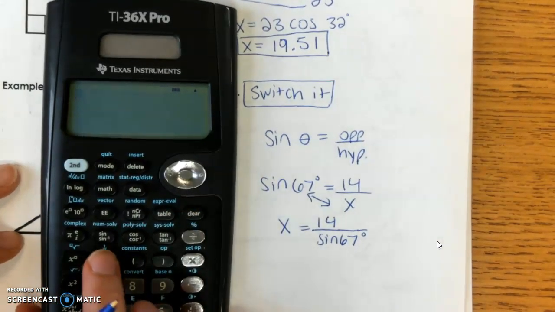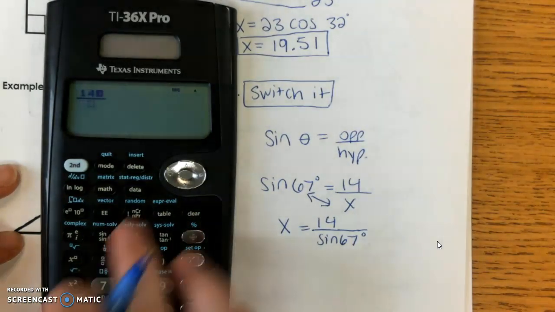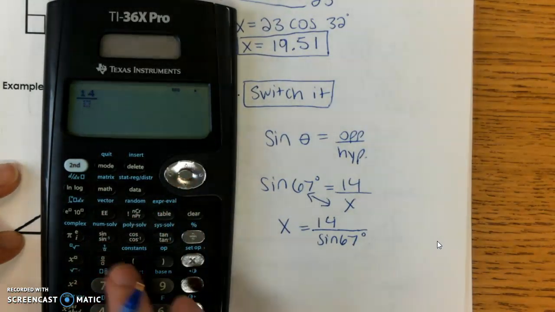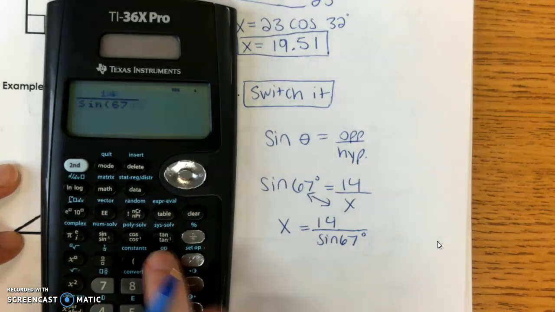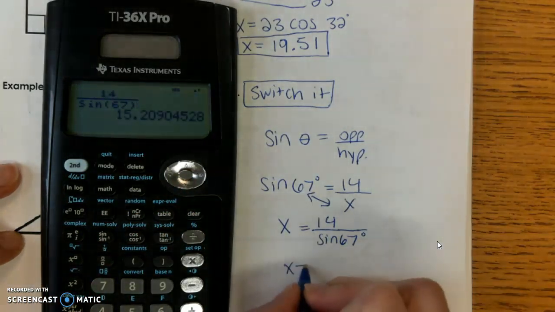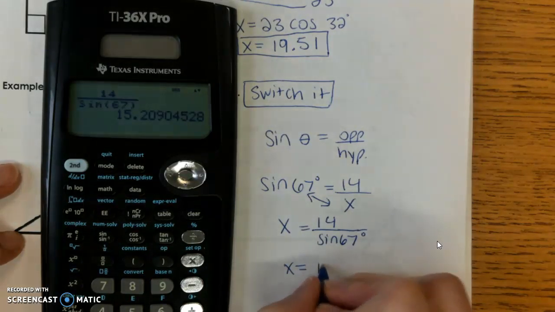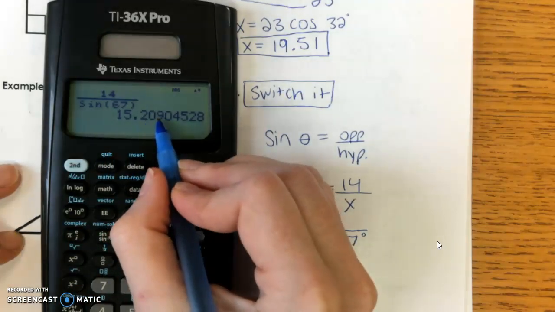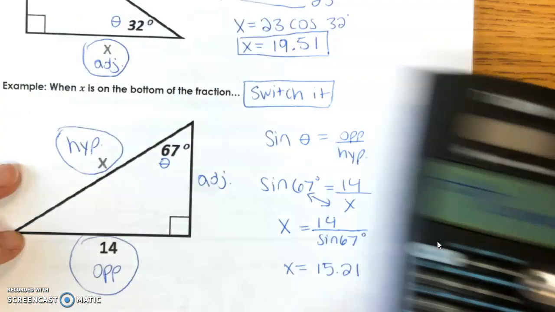So in my calculator, I'm going to hit the fraction button. I'm going to put 14 on top, and I'm going to put sine of 67 on the bottom. When I hit enter, I get x equals 15.21. I round it up because the 9 bumps the 0 up to a 1.